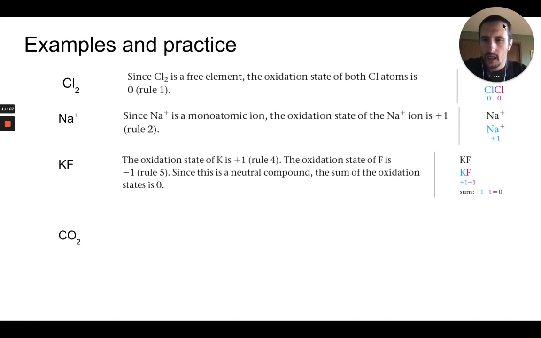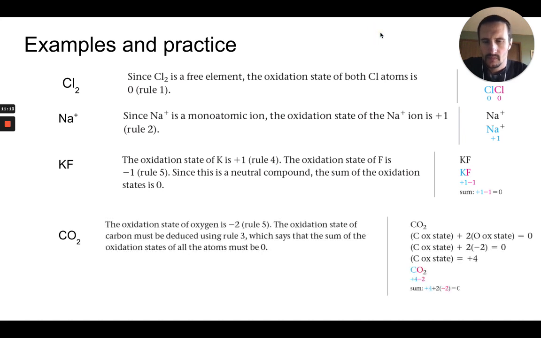CO2, carbon dioxide. So from that table on rule 5, the oxidation state of oxygen is -2. The oxidation state of the carbon must be figured out from rule 3. Remember that rule 3 says the sum of the oxidation states has to add up to 0.